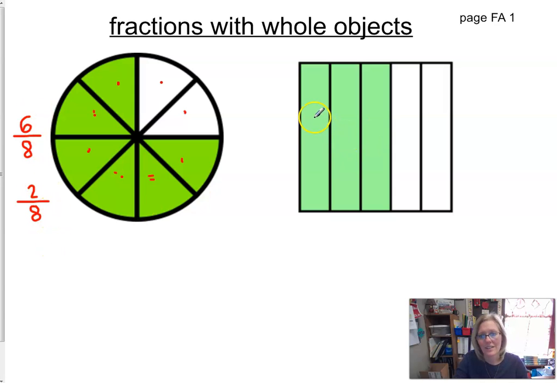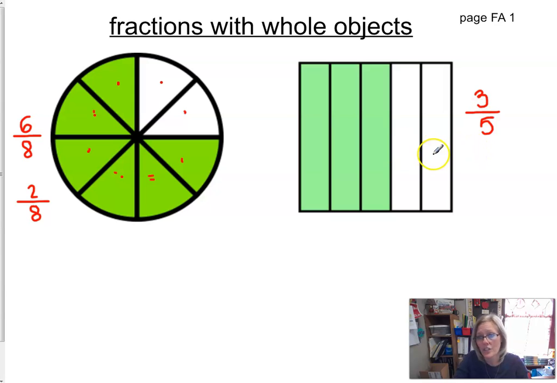Let's look at this one. How many total pieces? So let's draw my fraction bar. 1, 2, 3, 4, 5. 5 total. That's the denominator. It's the big number in my problem. How many are shaded? 1, 2, 3. 3/5 are shaded.